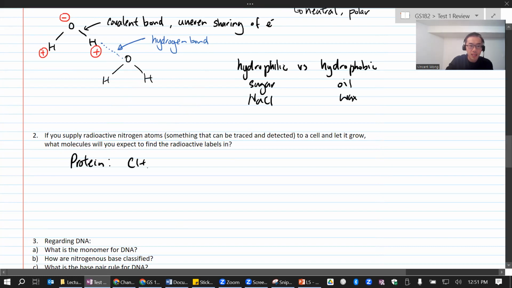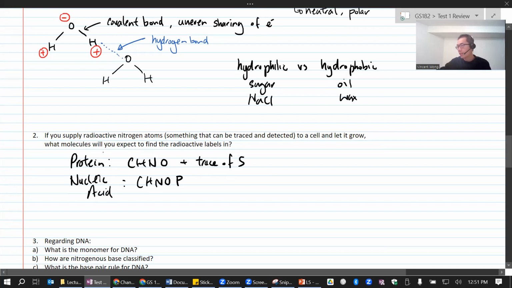Protein is made up of CHNO plus a little bit of sulfur. What other molecule? Nucleic acid, that's right, which contains CHNOP. So you would expect to find a radioactive label in these molecules.